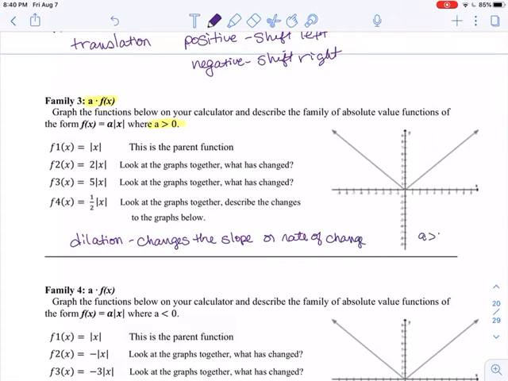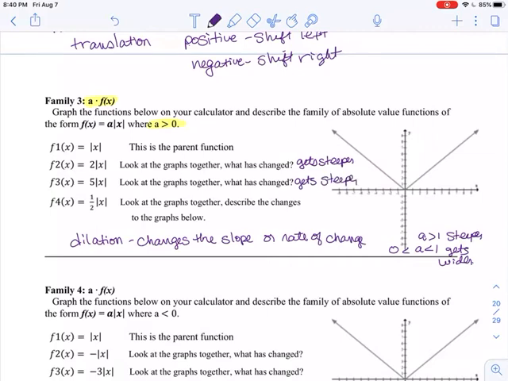Basically, when a is greater than 1, it got steeper. And when a was less than 1 but greater than 0, so when it was a fraction, it gets wider. All right, so this first one, when I multiply by 2, it gets steeper or narrower. When I multiply by 5, it gets even steeper or narrower.